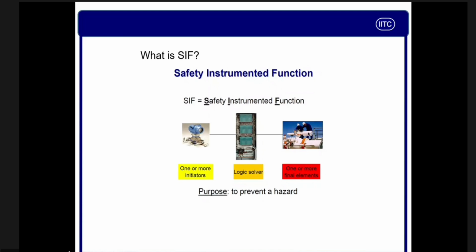So in a nutshell, any safety instrumented function should have a sensor, a logic solver, and a final element. I'm not saying something new. You guys are very well familiar, but I just wanted to explain so that we are on a common forum.